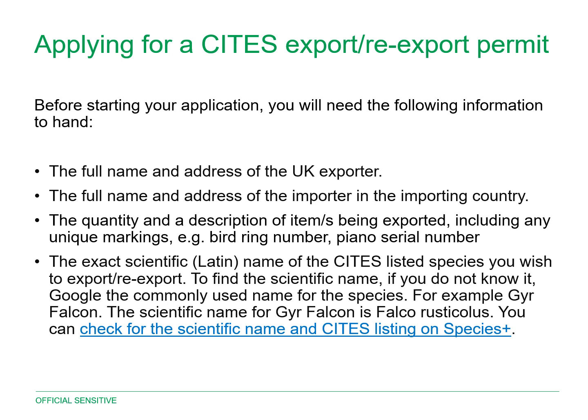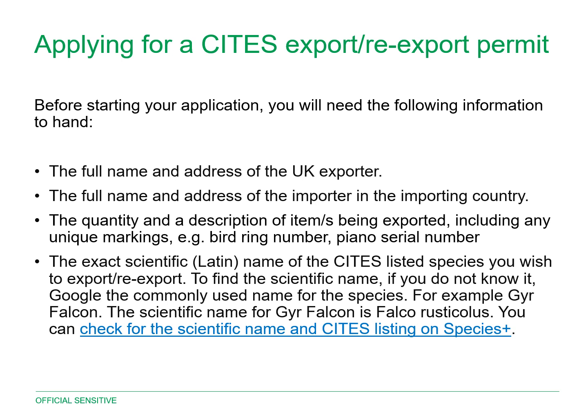Details of the specimen or item or specimens or items you are wishing to export or re-export, including the quantity or number of specimens, details of any unique markings, such as closed rings or microchips, the exact scientific or Latin name of the CITES listed species you wish to export or re-export.